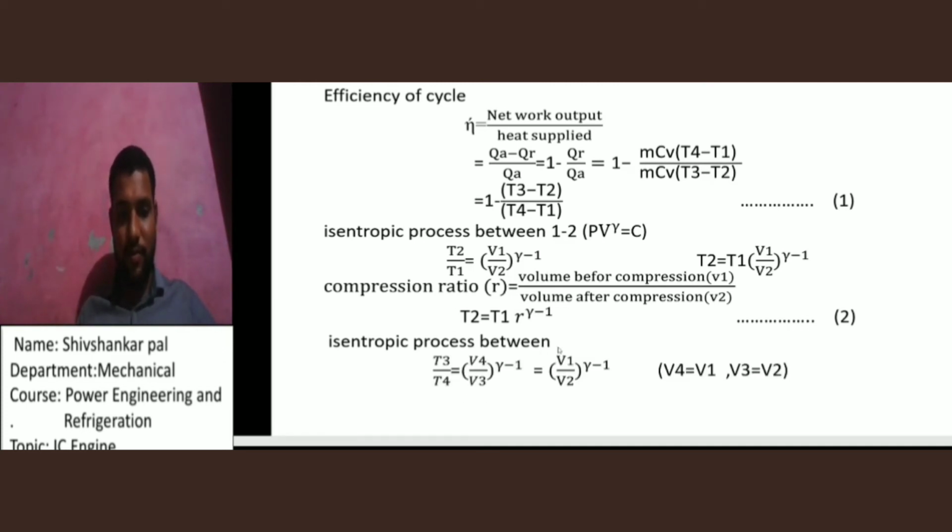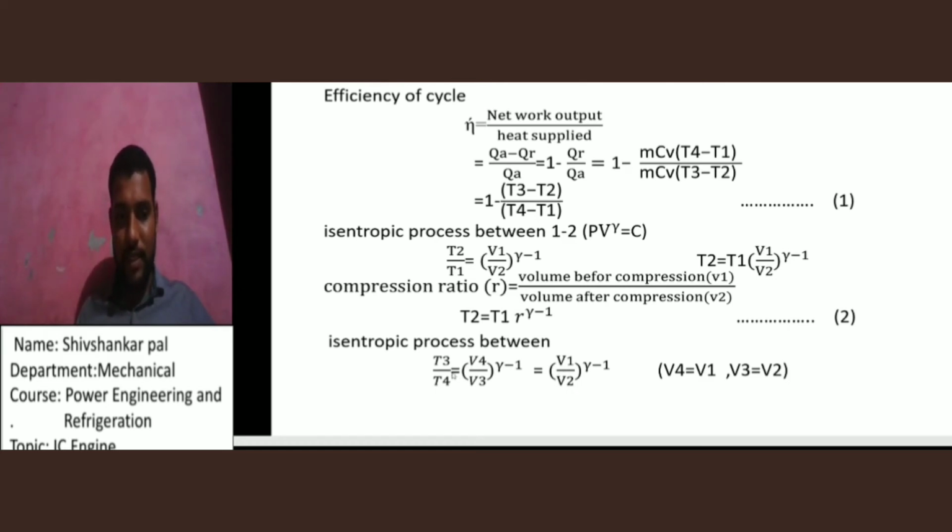Between 3 to 4, T3 by T4 is equal to (V4 by V3) to the power gamma minus 1. Going back to the slide, where I see that V4 is equal to V1 in the PV cycle, and V3 is equal to V2. Then V4 is replaced by V1 and V3 is equal to V2.